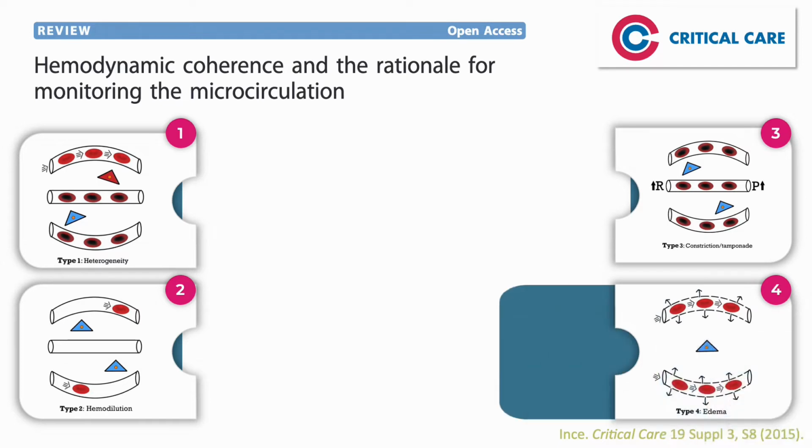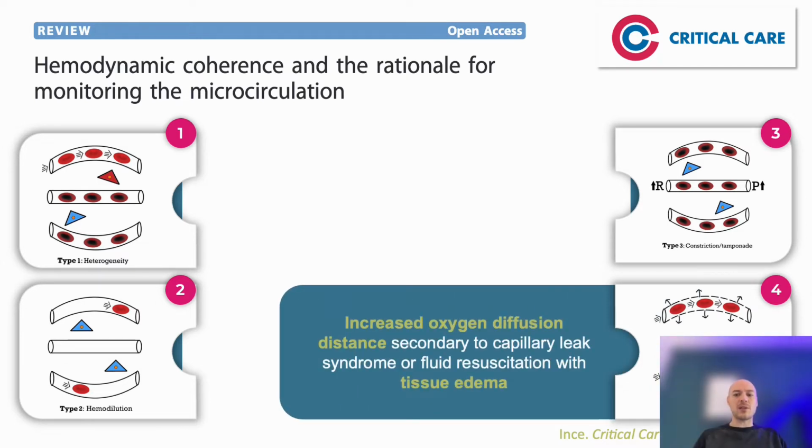And finally, type 4 corresponds to an increase in oxygen diffusion distance, mostly secondary to tissue edema following capillary leak syndrome, for instance.